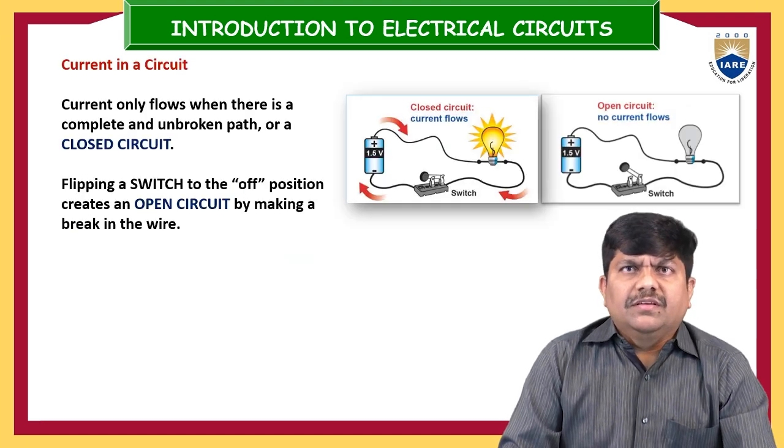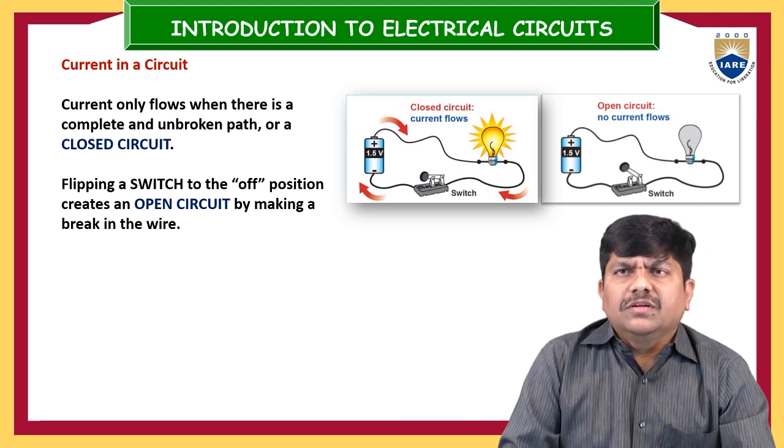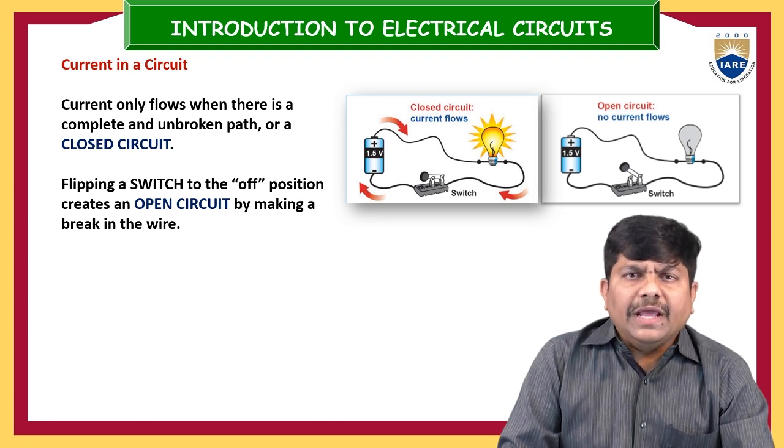So as we discussed, current only flows if the circuit is completely closed. Then only will current exist in the circuit. Otherwise, no. Generally, in that circuit, we use one switch. If that switch gets closed, it makes the circuit a closed circuit. If the switch gets opened, that breaks the circuit.